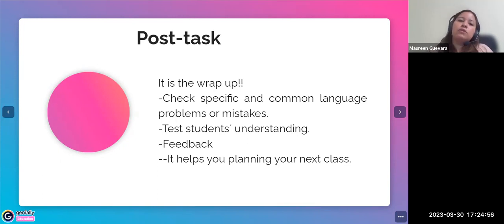Let's suppose that our students already presented a dialogue or a paragraph about their last vacation. Now, during the post-task, in this specific moment, we are going to check specific or common language problems that they can have or that you identified.